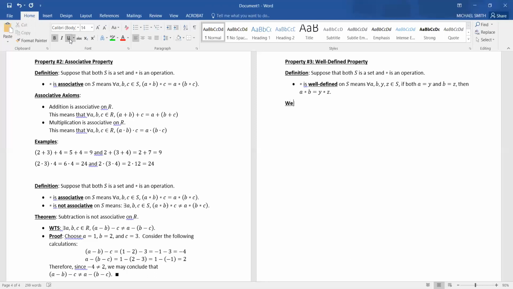So we had the following well-defined axioms, which we took for granted.